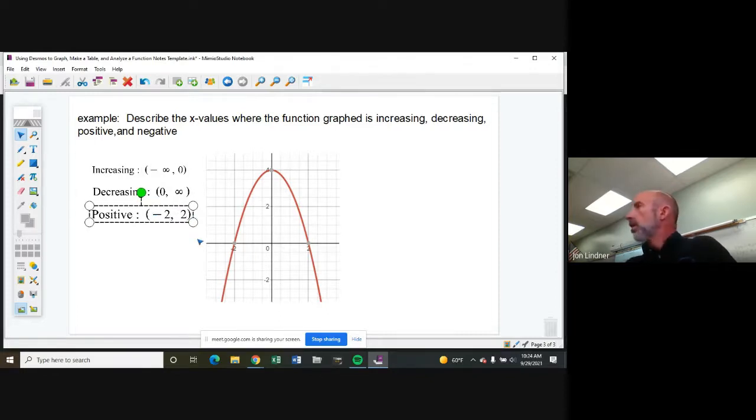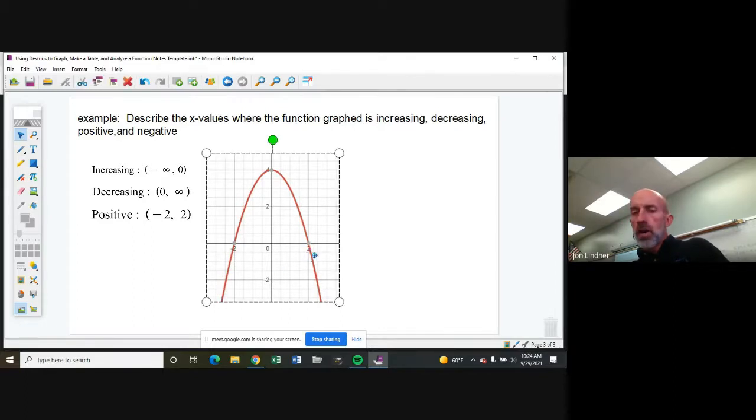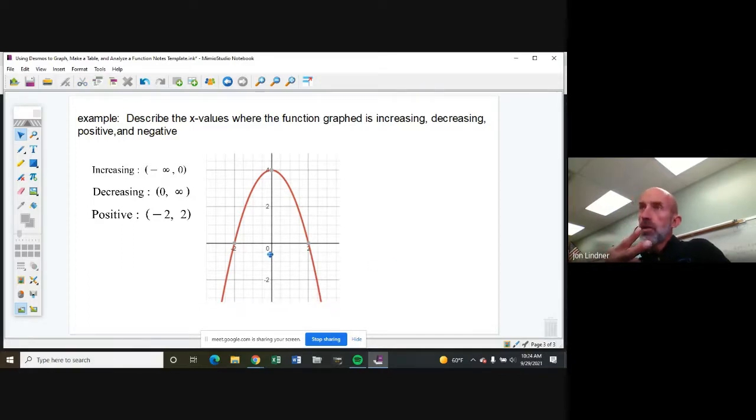Okay. Now, where is it negative? Aren't these y values down here negative? And also over here, right? So there's two places where this function has negative y values: from negative infinity to -2, and from 2 to positive infinity.